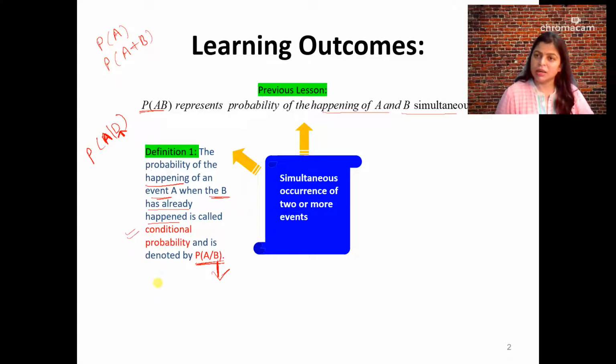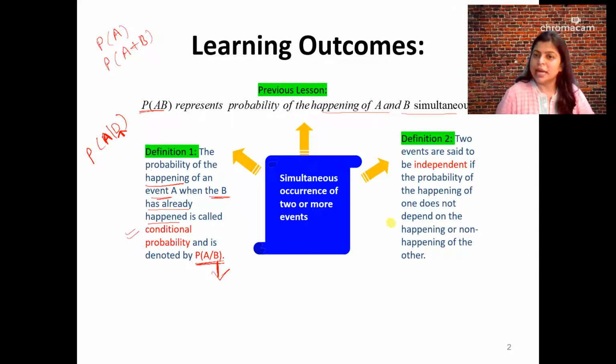Now there is another point related to dependency and independency, which is very important. You should learn this also, because two events are said to be independent if the probability of the happening of one does not depend on the happening or non-happening of the other. This is the definition when we again talk about the happening of two events simultaneously.